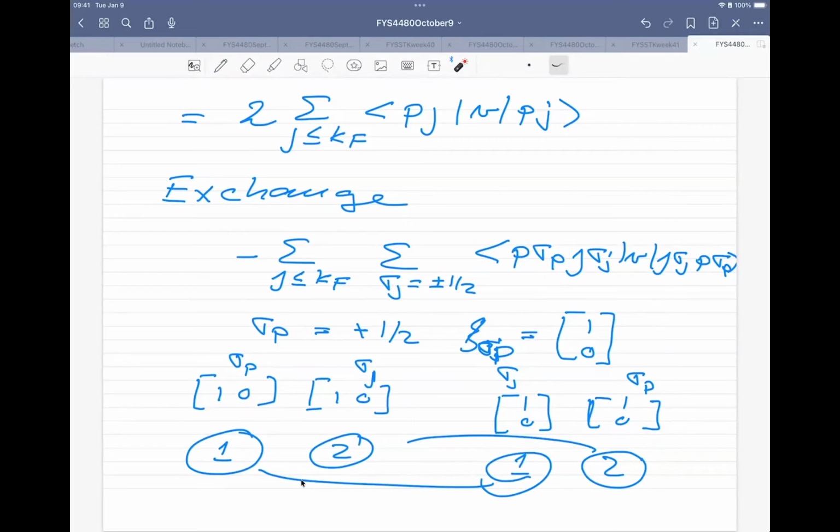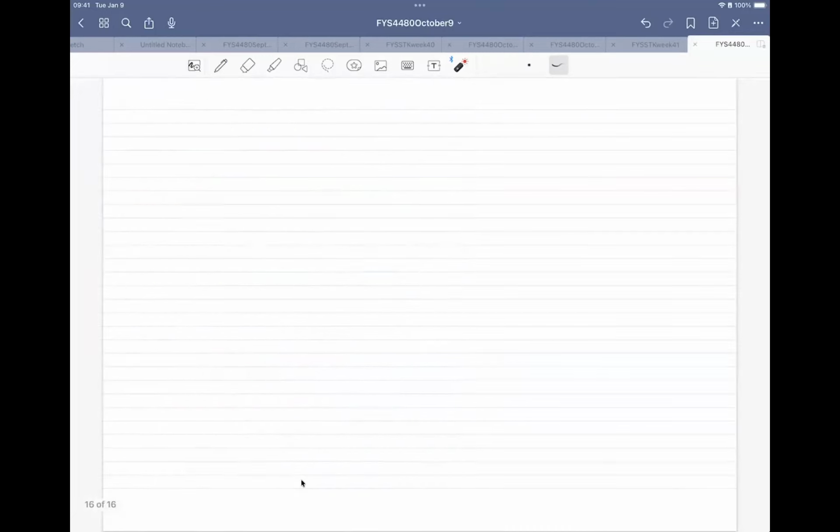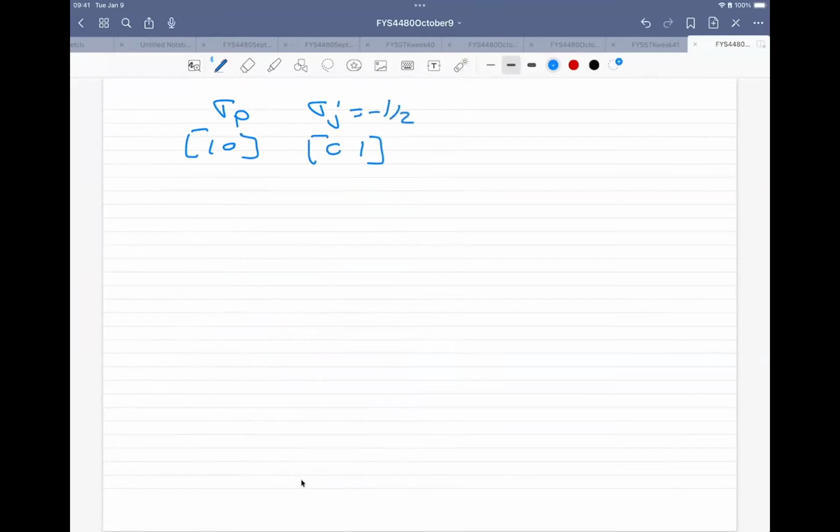Okay. If we now, however, look at the next term, which would be the term coming from sigma j equal to minus 1/2, then what we would get, if we have sigma p here and then sigma j, in that case, we would have 1, 0, and then we have 0, 1. So now sigma j is equal to minus 1/2.